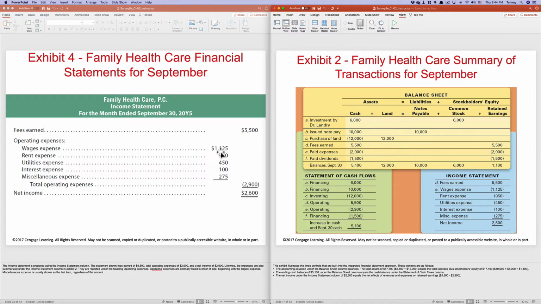And then you categorize the expenses based on, in general, what they are. Add up all of your total operating expenses, when they add up to $2,900, which gives you a net income of $2,600, right? So this income statement over here basically is a more formal presentation of this income statement data over on this side, okay?